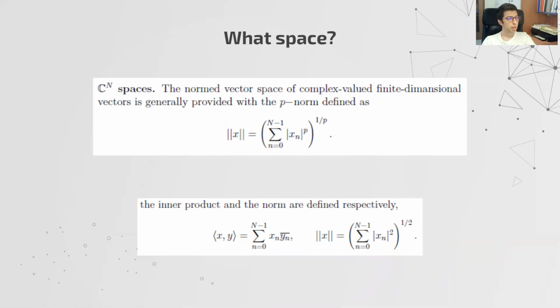And what is the inner product that can be defined? The one written also here. So the summation of x and the conjugate of y. In this way, it's also possible to describe the norm with the square and the square root.